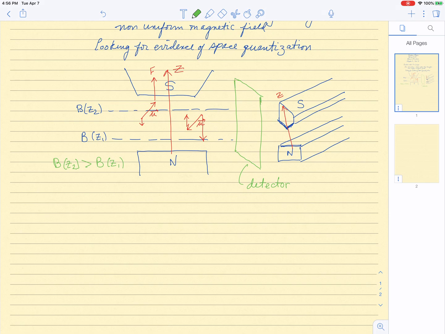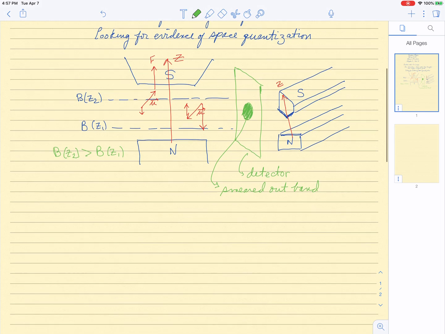So classically, if there's no space quantization, then what one expects is to see a sort of smeared out band that would indicate that mu would have any number of orientations as it went through the magnetic field.